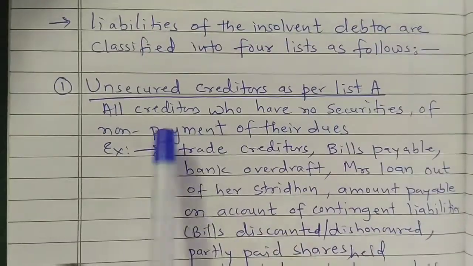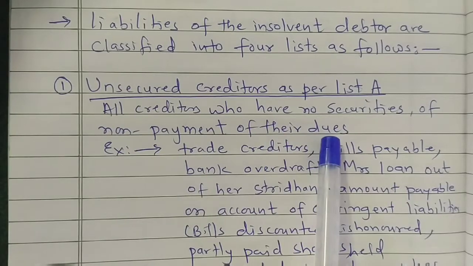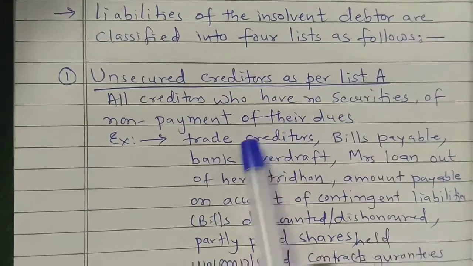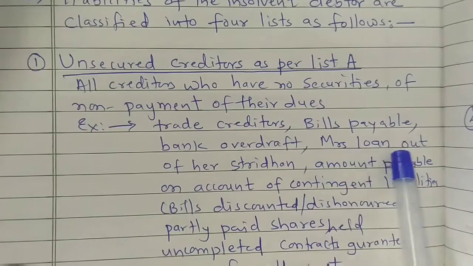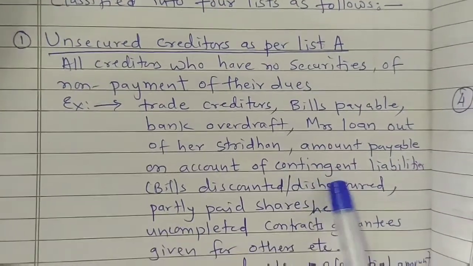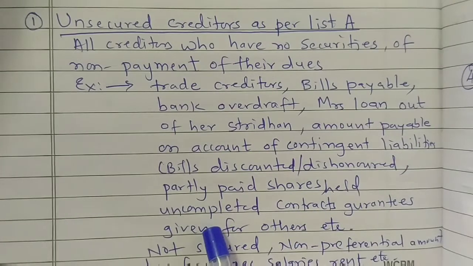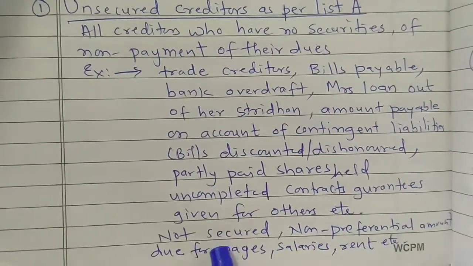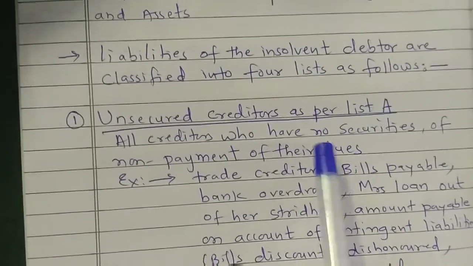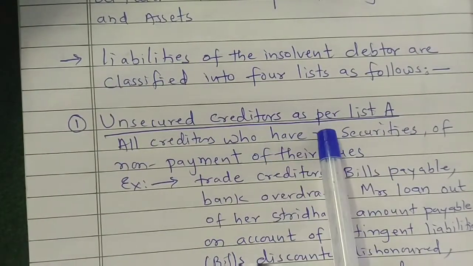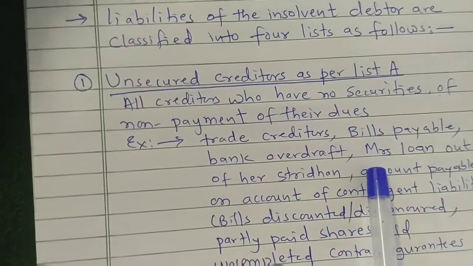Here all the creditors who have no securities for non-payment of their dues are listed under list A. For example, trade creditors, bills payable, bank overdrafts, Mrs. loan out of her Stridhan, amount payable on account of contingent liabilities, bills discounted or dishonored, partly paid shares held, uncompleted contracts, guarantees given for others, etc. Not secured, non-preferential amount dues for wages and salaries, rent, etc. Such items are listed under unsecured creditors, referred to as list A, and shown on the liability side in a statement of affairs.